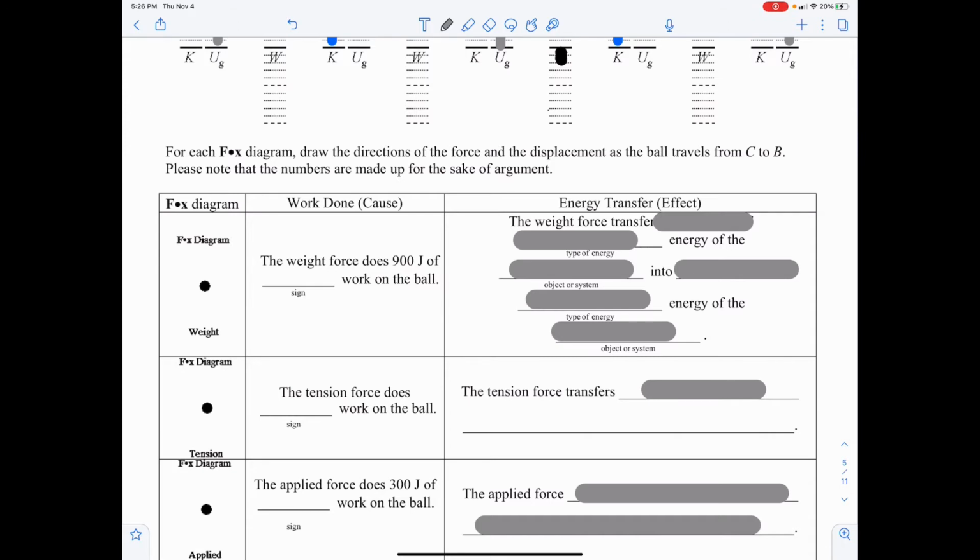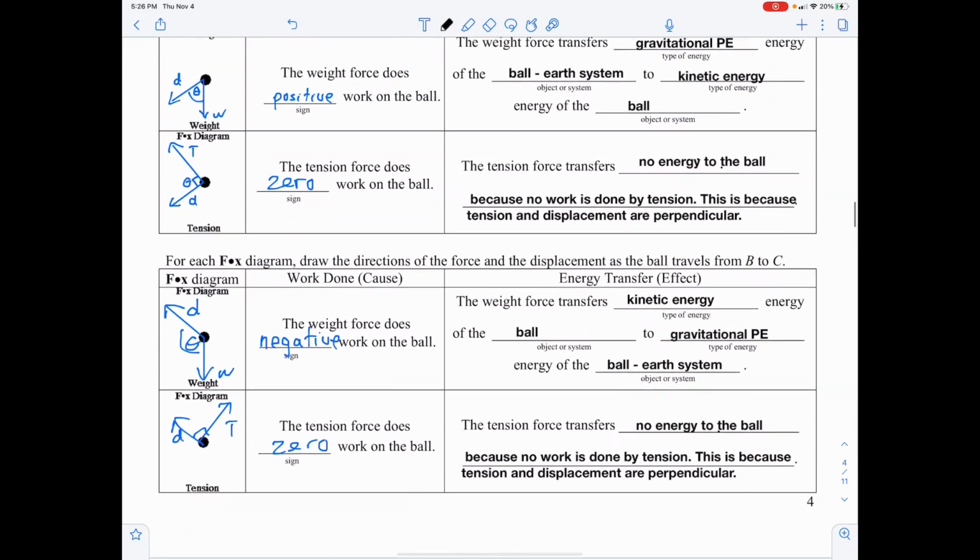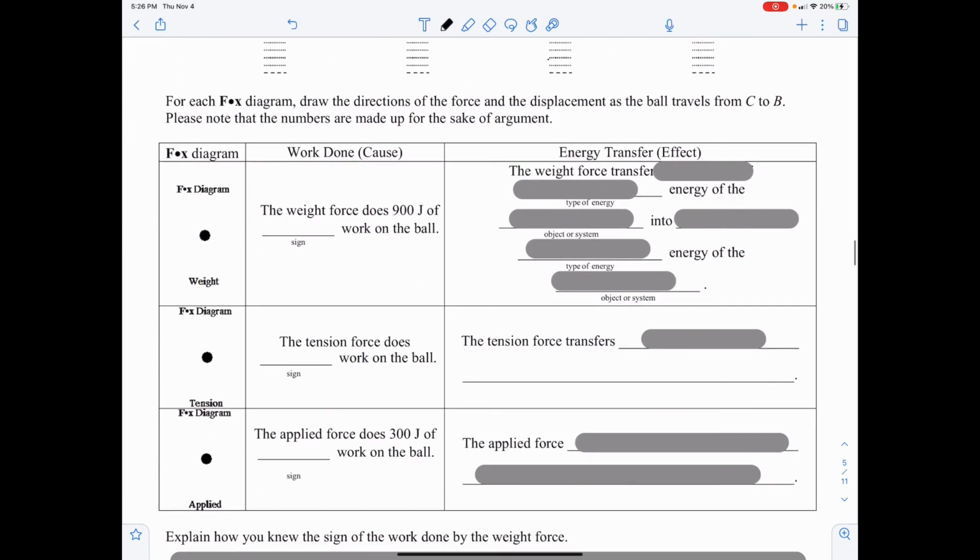Now, from C to B, the displacement is down in this direction, and the force, well, actually, no, I'm sorry, we should be looking at the weight. So the weight goes straight down. There's an acute angle between them, which means the weight is going to be doing positive work to accelerate the ball.